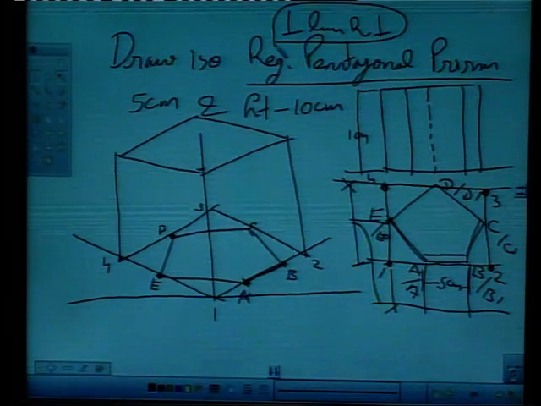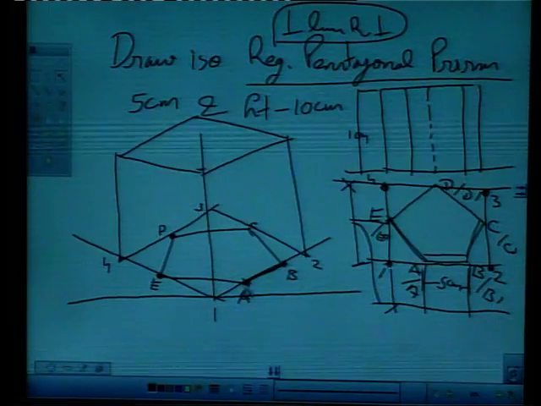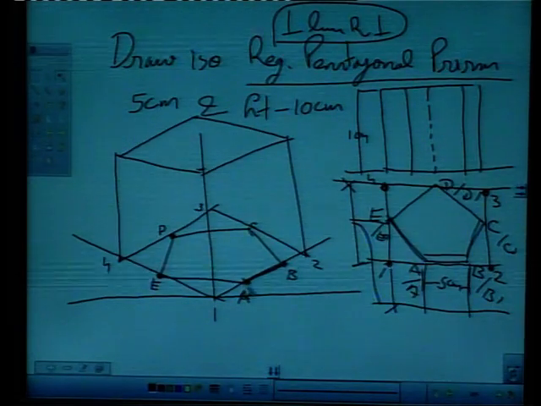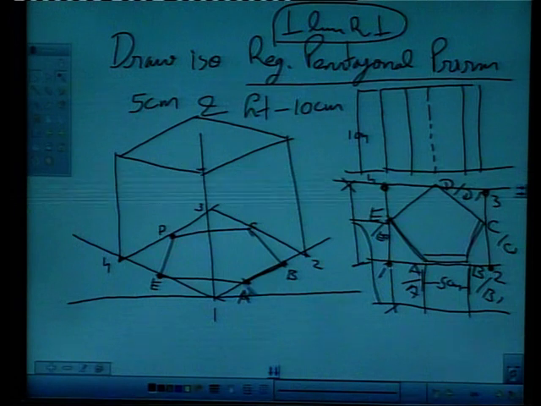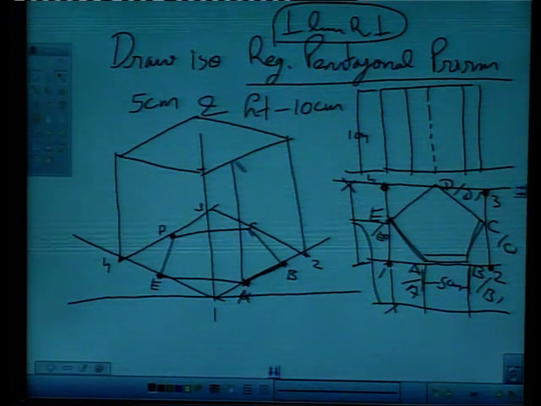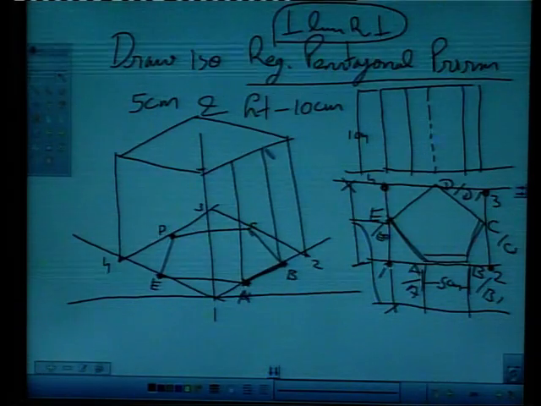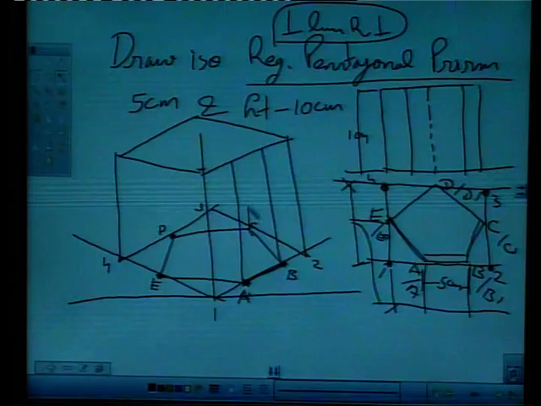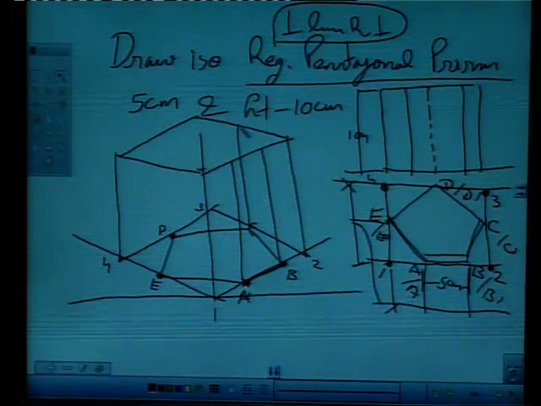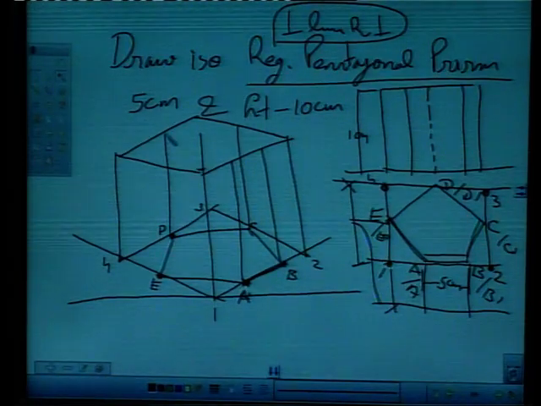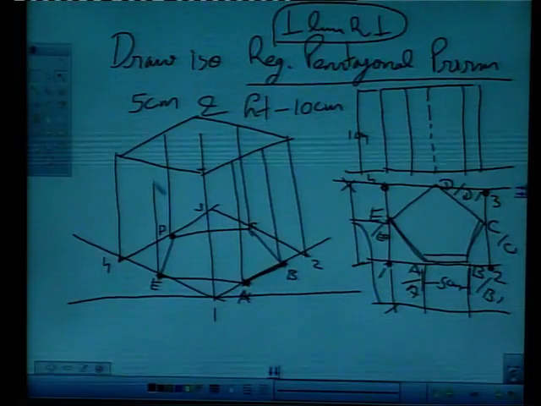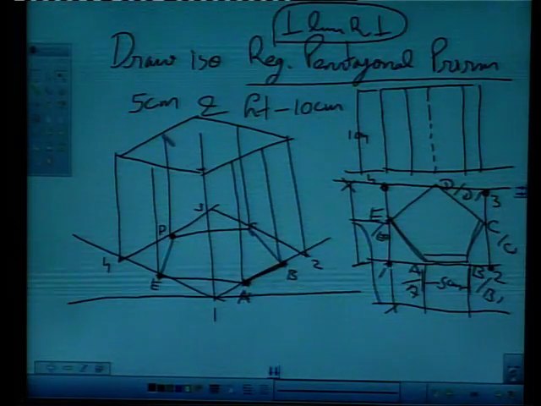So what we will do, we will simply project vertical lines upward from all these points A, B, C, D and E like this. These are vertical lines from C also, from D also, and from E also onto the corresponding edges, right?